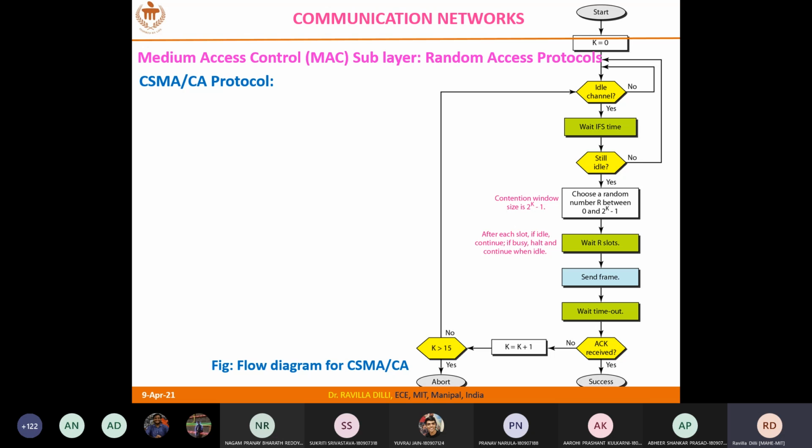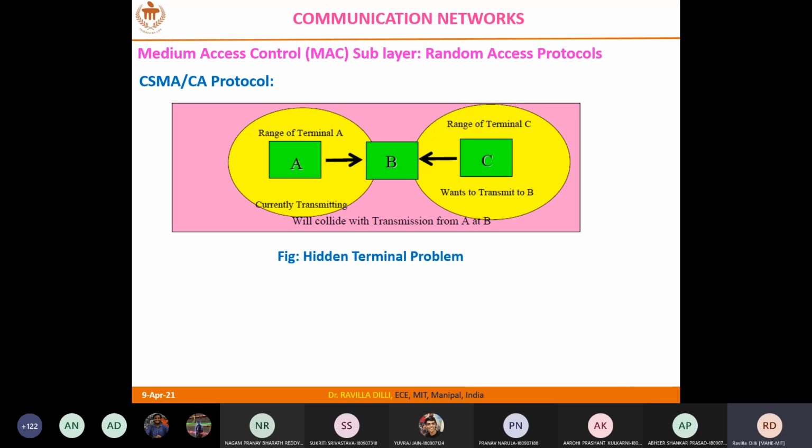Then, as I told you, the hidden terminal problem. Here this is a wireless scenario. You have A, B, C. A and C are two nodes. That yellow circle indicates the communication range. When A releases the signal, at most it can cover that yellow circle.